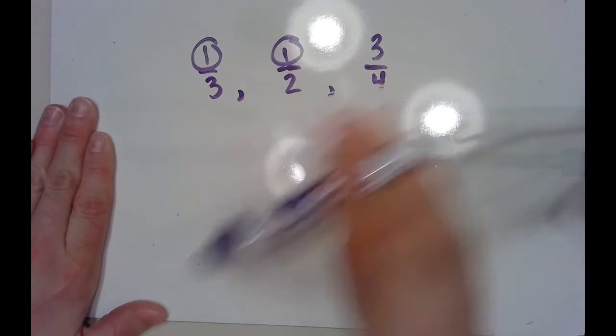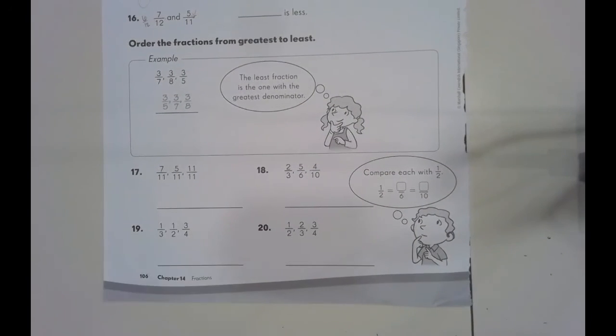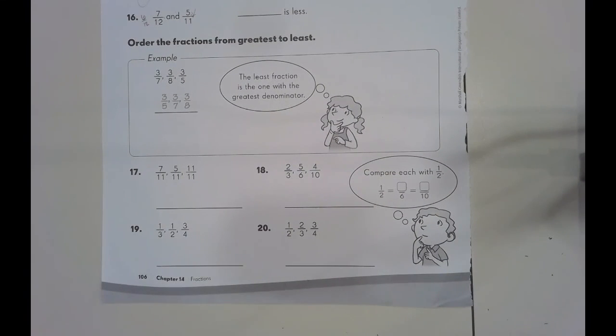Okay. So I want you to try the other ones on your own that we have not reviewed, and I want you to use some of the strategies that I've shown you.